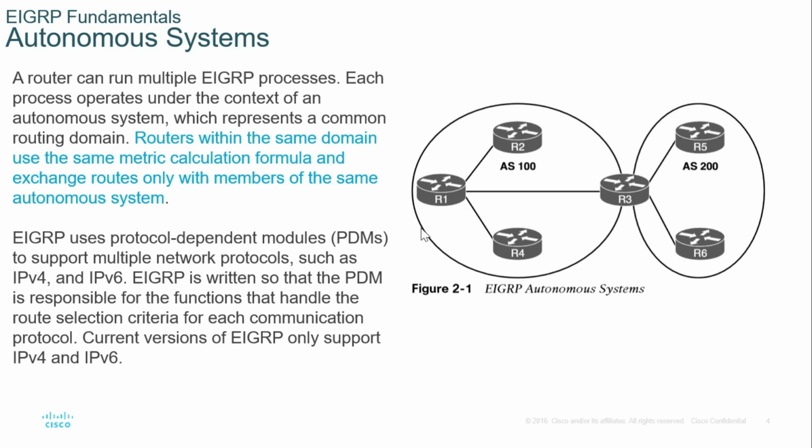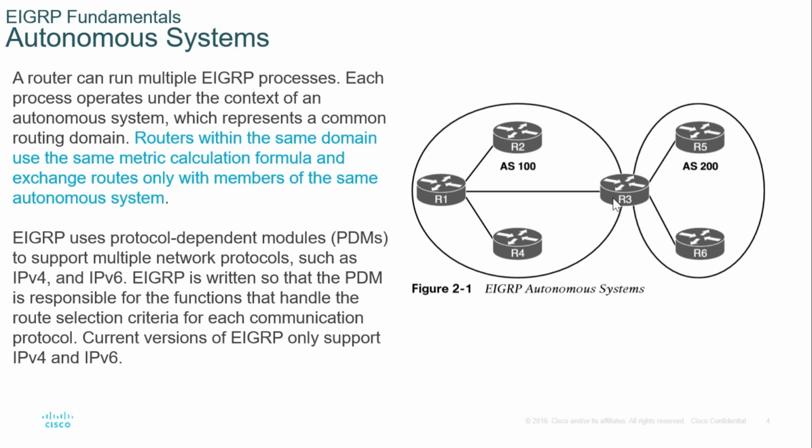So bila router ni berada di dalam same domain ataupun autonomous system, okay, dia akan gunakan the same metric calculation and dia akan exchange this information among the neighbors dalam satu autonomous system yang sama. So it's important for us to understand that router EIGRP ni dia mesti identify siapa dia punya neighbor.